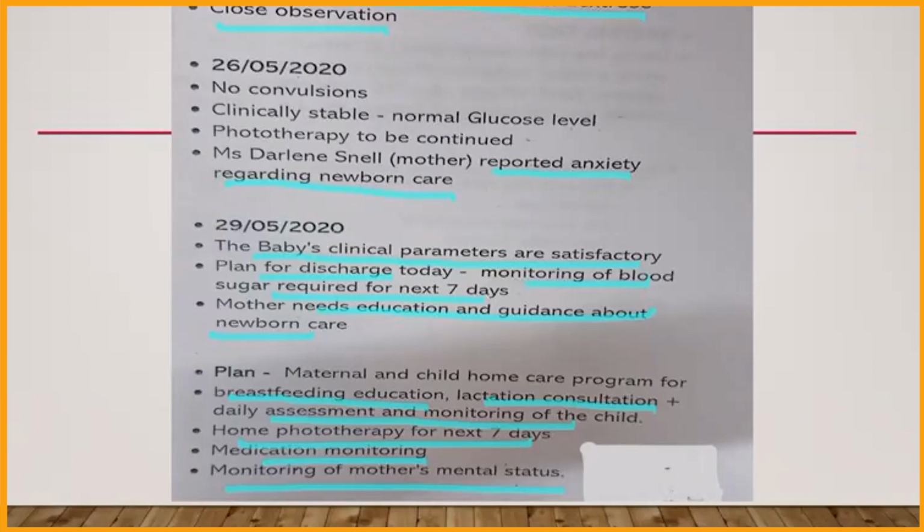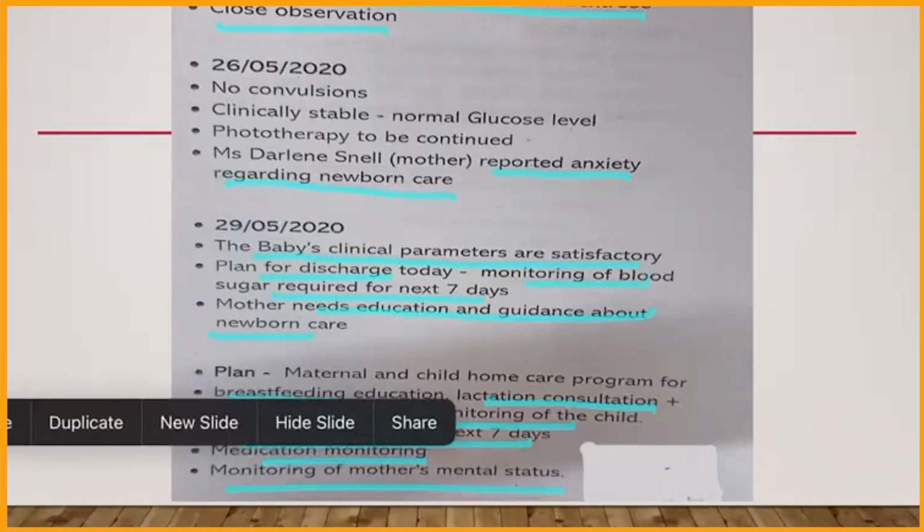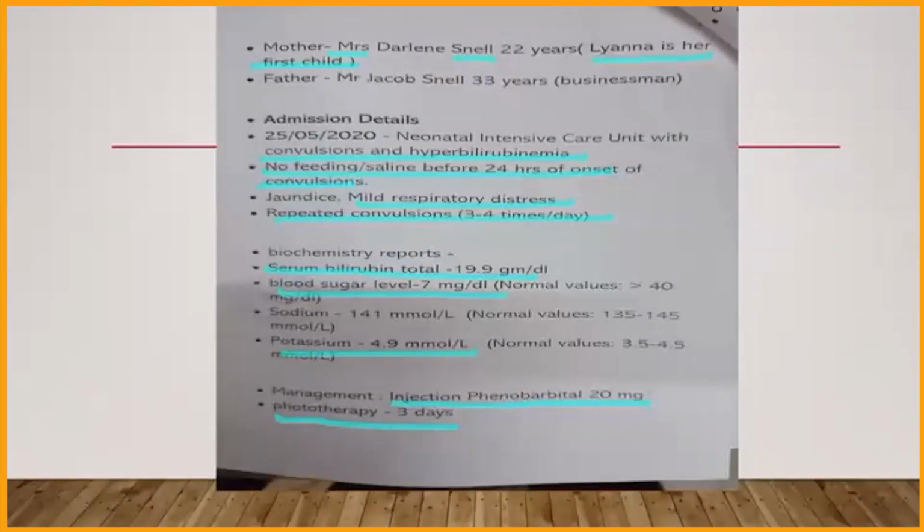I am writing to refer Liana Snell, baby of Mrs. Snell, who requires daily assessment and monitoring. Yeah, that's good. She was diagnosed with hyperbilirubinemia. You don't have to write convulsions, okay?